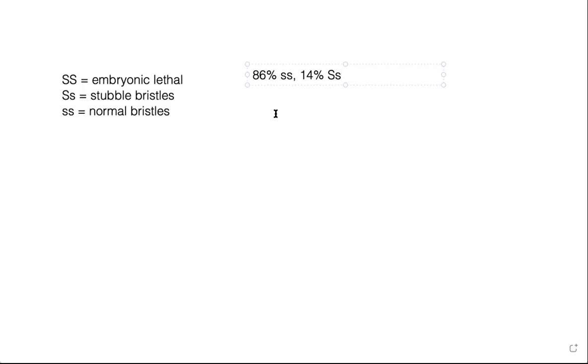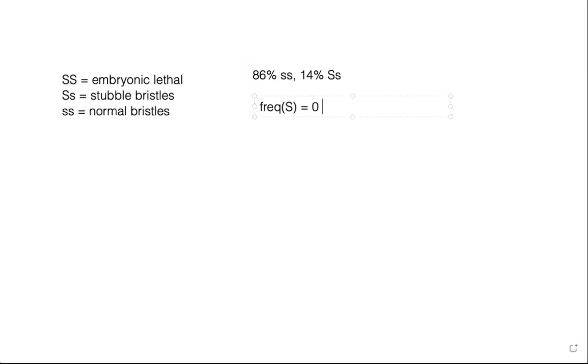If you want to do it the long way, this works out the same. It's not really necessary to do it the long way, but I don't really care how you work these problems. So the long way is pretend that we have a population of exactly 100 flies. So we have 86 flies that have genotype little s, little s, and 14 flies that are heterozygotes. Then the frequency of big S is equal to the number of homozygotes times 2.